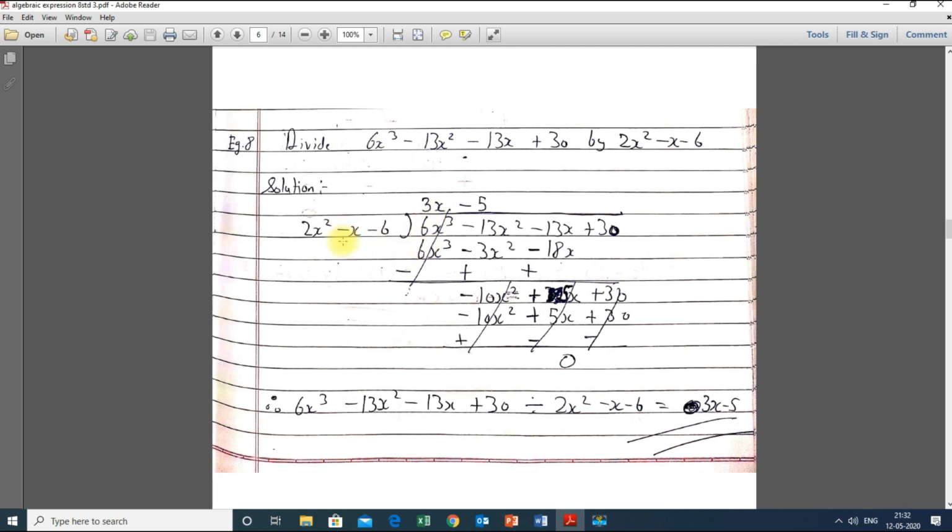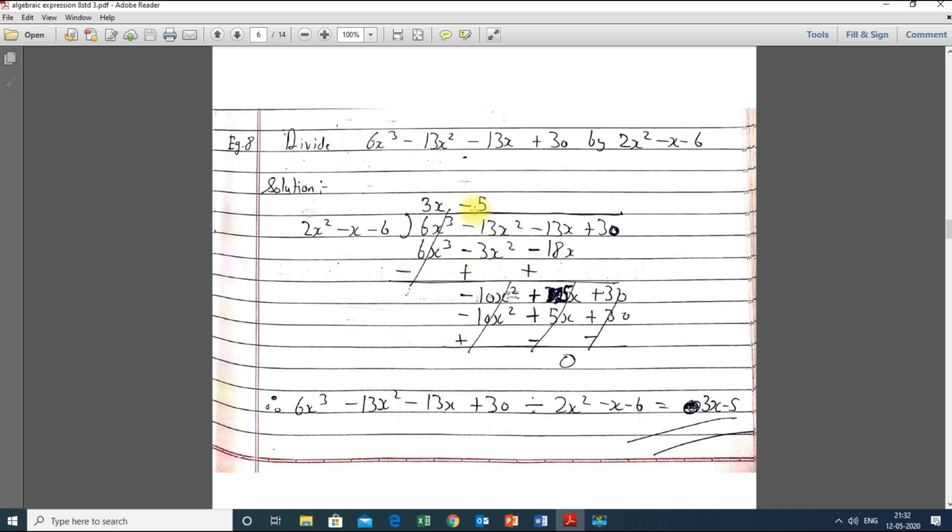Now minus x into 3x is minus 3x square. You can see minus 3x square I've written over here. Then minus 6 into 3x is minus 18x, because 3 sixes are 18 and x will come as it is, because there is no term of x, therefore written x as it is over here. Now change the sign. Here it is plus, here it is minus, minus will become plus and minus will become plus.